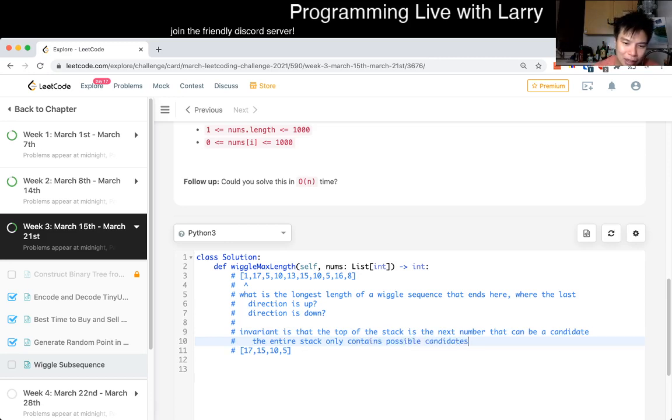Because at any time, this 5, at any time, these are all the possible candidates. All the other numbers that are in between, like 13, cannot be a possible answer for numbers to the right of the 5. And that's basically what the invariant is, and that's what we try to do with these stacks.